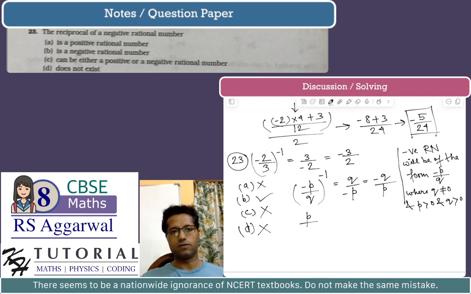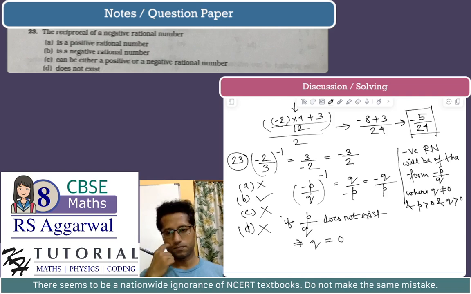Whatever the negative rational number is, irrespective of that, let's say the reciprocal of a negative rational number be p by q. Now if it does not exist, if p by q does not exist, that will imply that q equals 0.